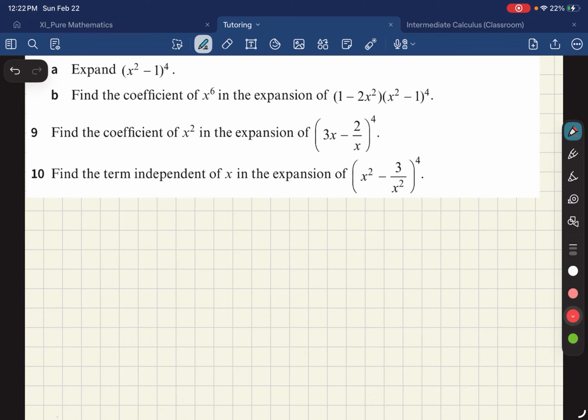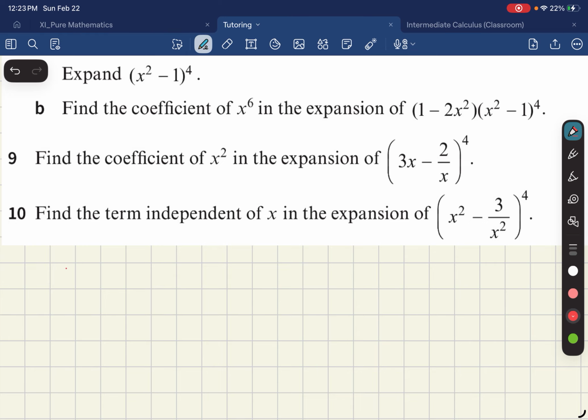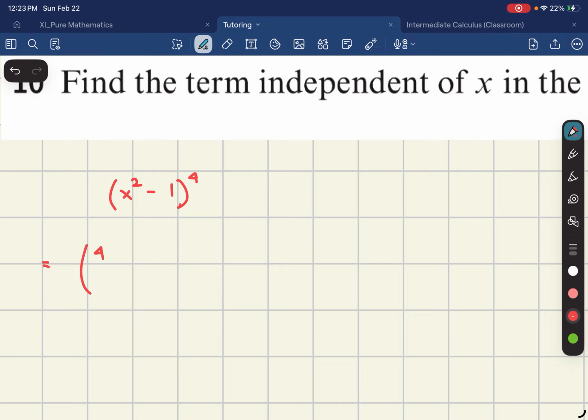So now, using what we know, let's expand. We are given: expand (x squared minus 1) to the power 4. Let's use the idea of binomial expansion. So we start with 4C0, and we start with x squared, right? We start with a, x squared, and the power is going to be 4 minus 0, that is 4. And the power of minus 1 is going to be 0, that is just 1.